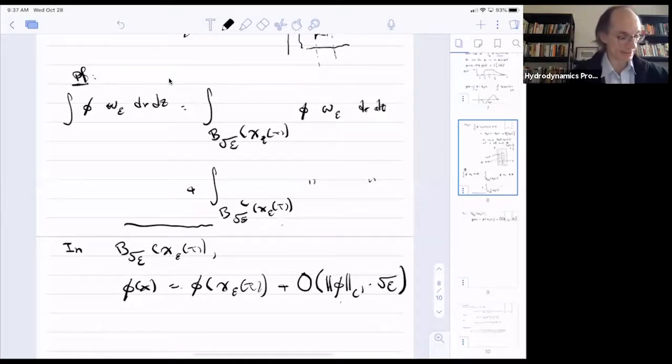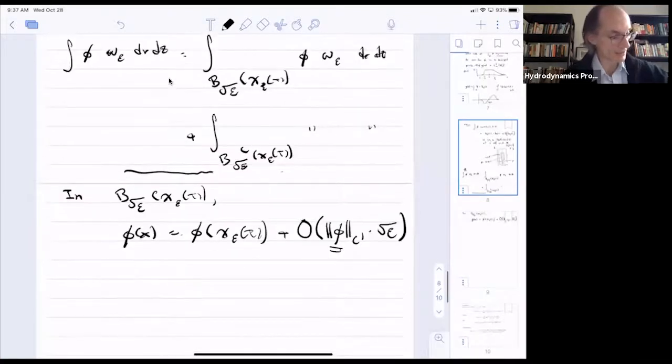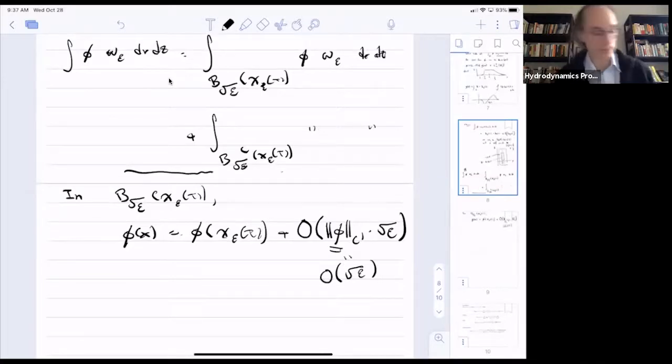And this is just a constant, in other words, it's independent of epsilon.